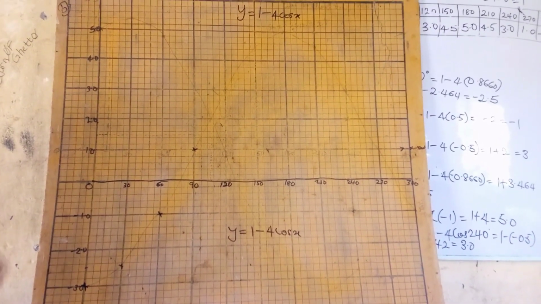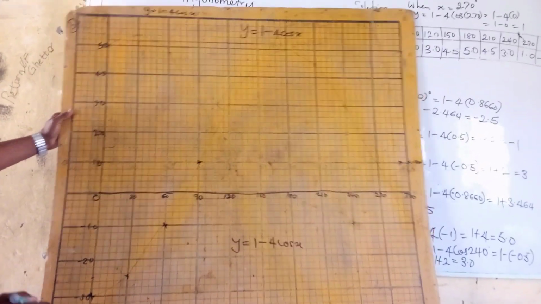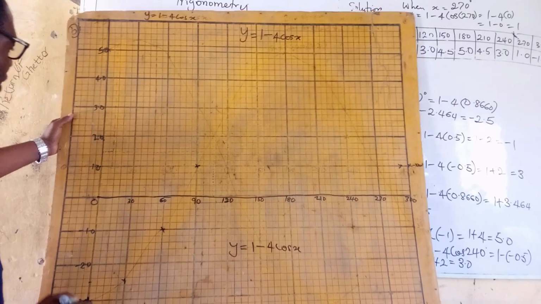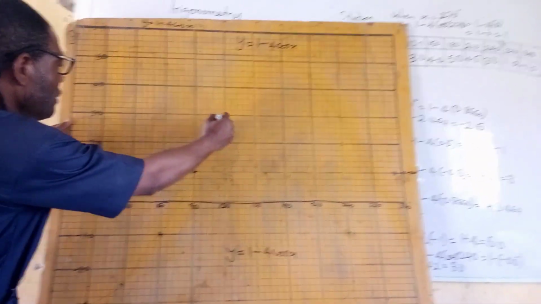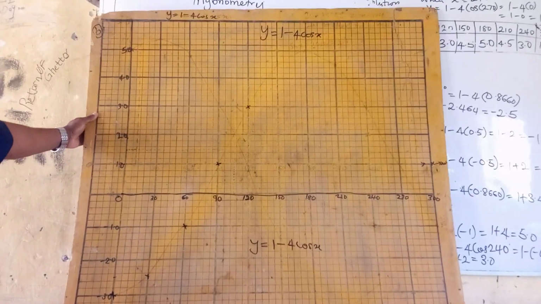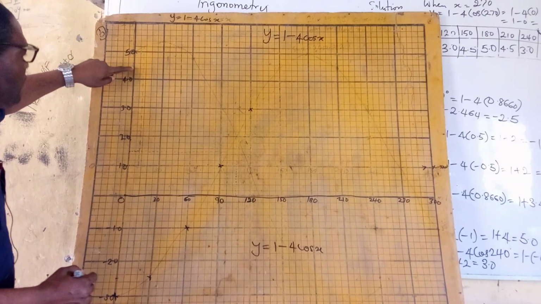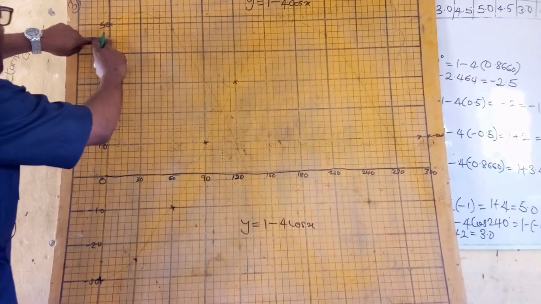So next one is when s is equal to 120. When s is equal to 120, the value there is 3. So this is the point, 3. Now when s is equal to 140, it's 4.5. Yeah, so here is 4.5, half of it.